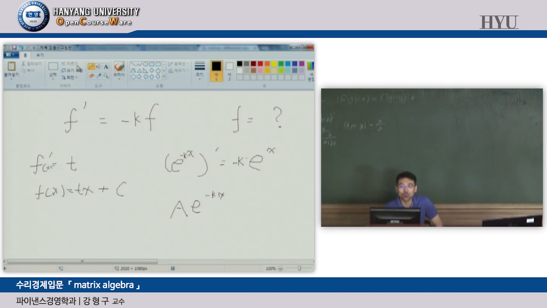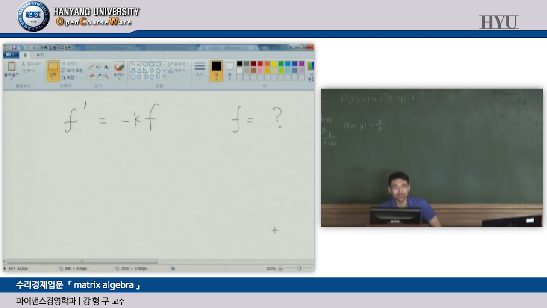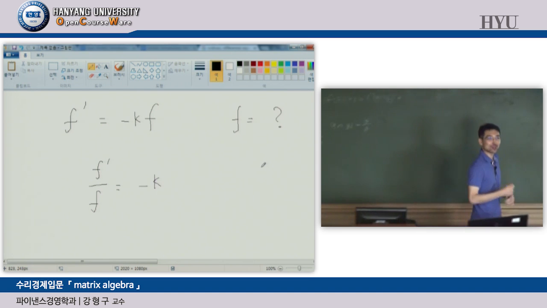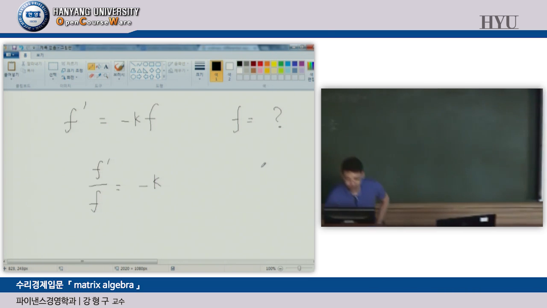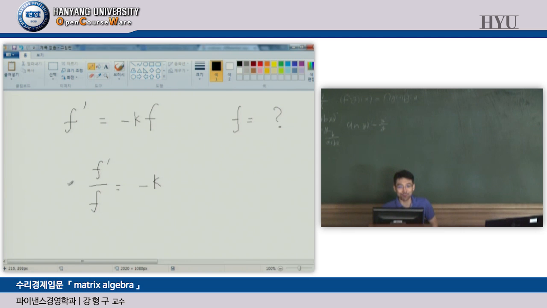Well, if you don't like it, we can be more rigorous. One idea is to divide each side by f. Then it becomes minus k. Now it becomes very similar to what we learned last week, and it is directly related to today's quiz. This one is basically the differentiation of log f.